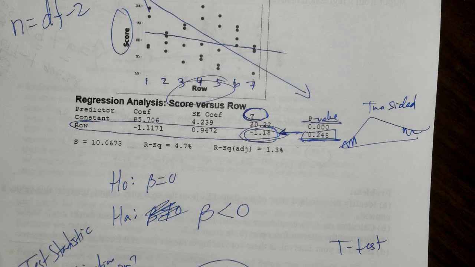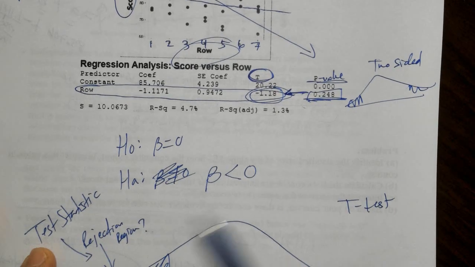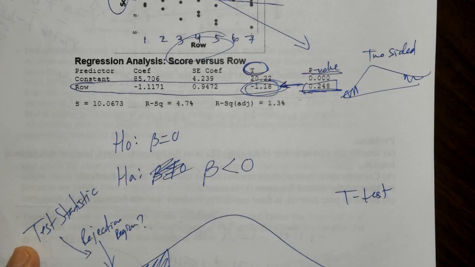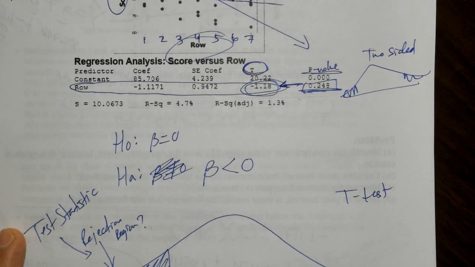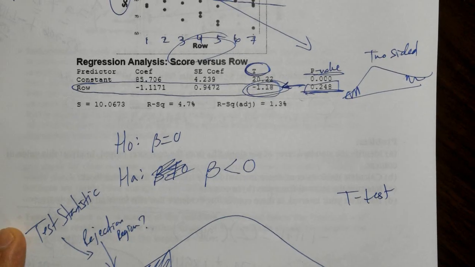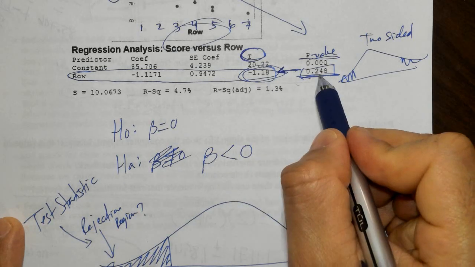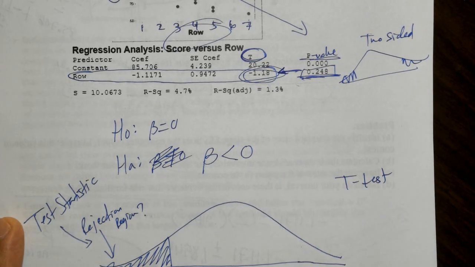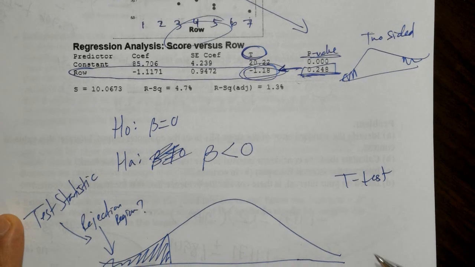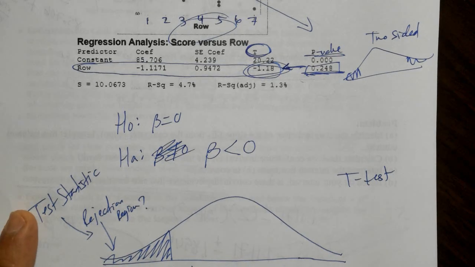What do we do with that probability since it's only a one-sided test? Divided by 2. The p-value divided by 2. So since the p-value of this statistic is 2.248, when you divide it by 2, the p-value for this test is 0.124.